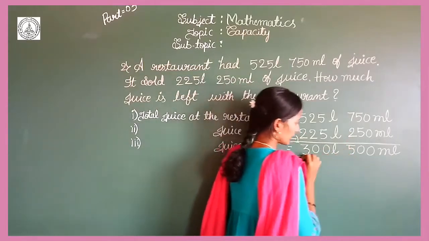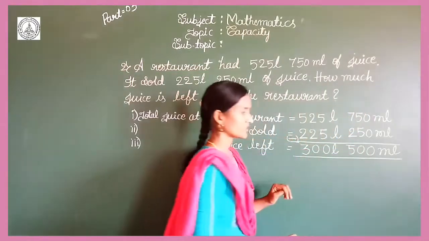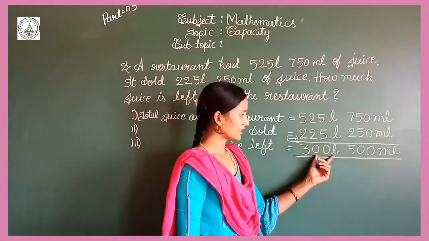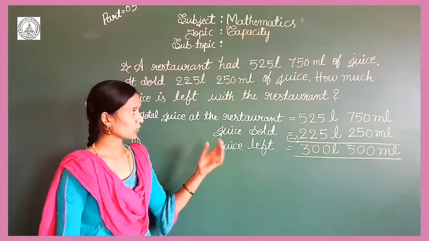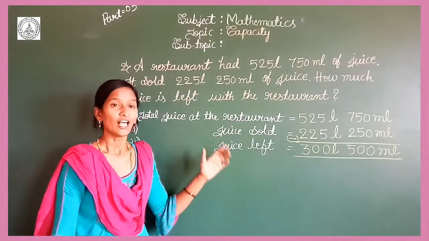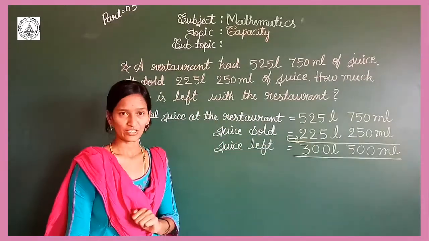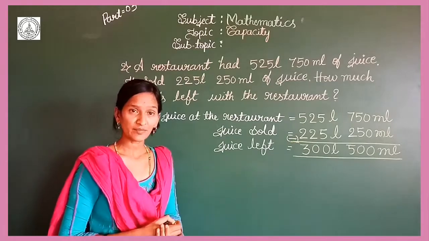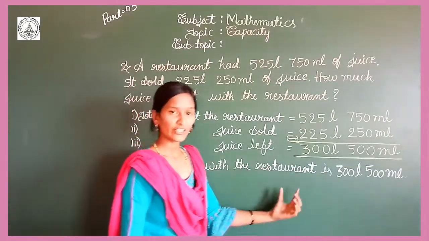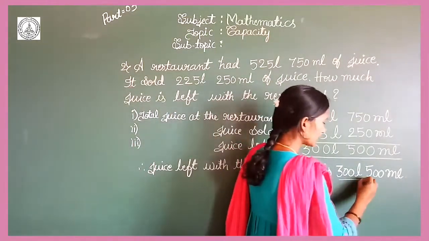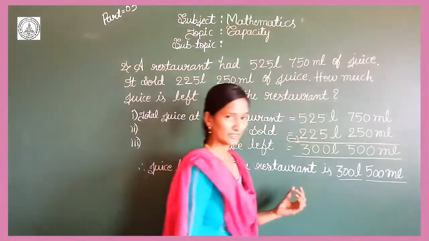So here also you have to write a liter. So what is the difference? It is 300 liter, 500 milliliter. So this is the total amount of juice left in that restaurant. So what is our conclusion statement? Students, the juice left with the restaurant is 300 liter, 500 milliliter.